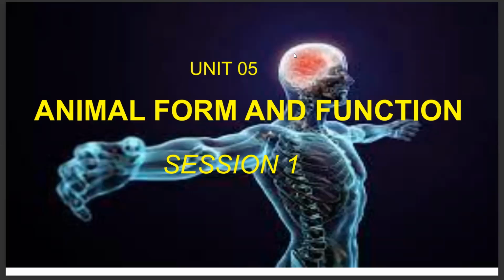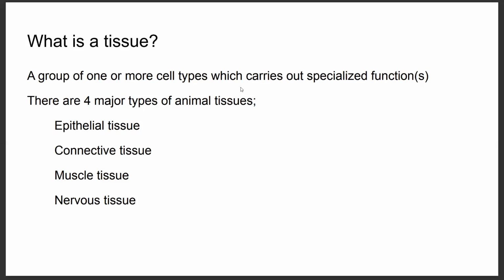They are specialized for a specific function, and they also have a common origin. So the definition: tissue is a group of one or more cell types which carries out specialized function or functions. You have to study this definition.